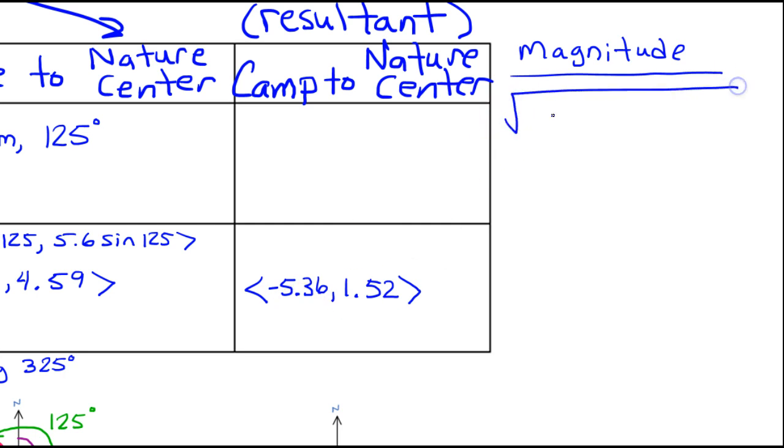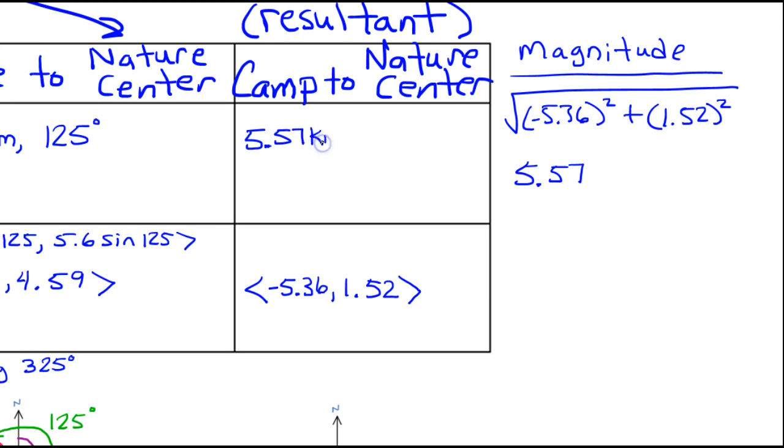That's going to be negative 5.36 squared plus 1.52 squared, and the square root of all that. So that's 5.57. So I will record the magnitude here: 5.57 kilometers. So far I know that the distance from the camp to the nature center is 5.57 kilometers.